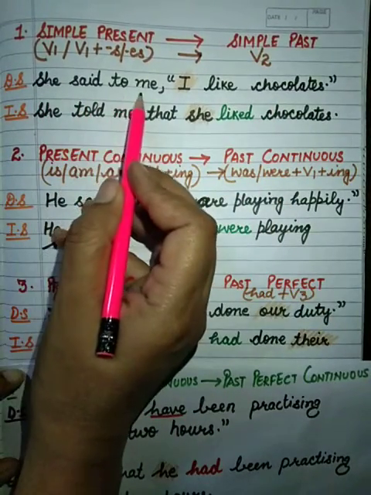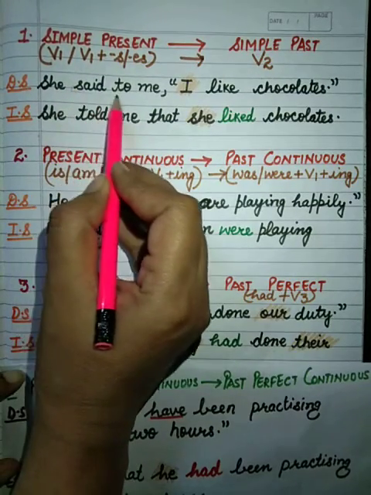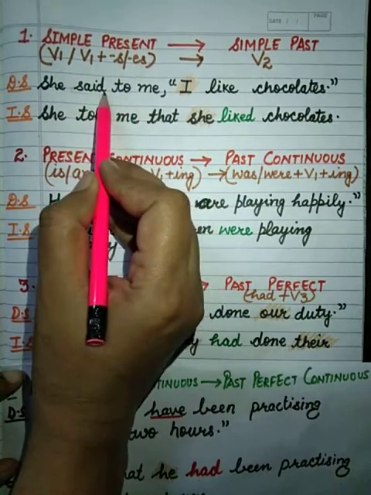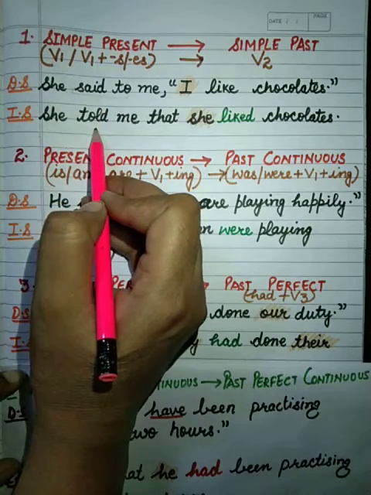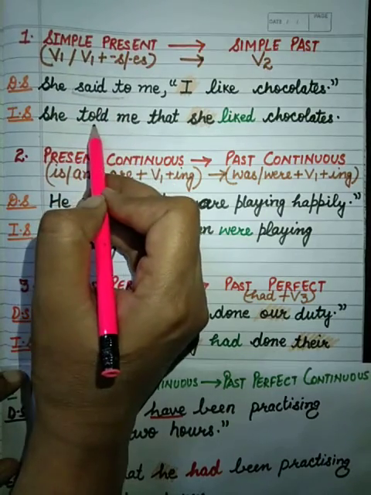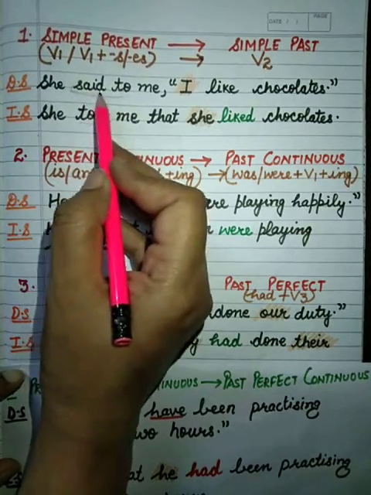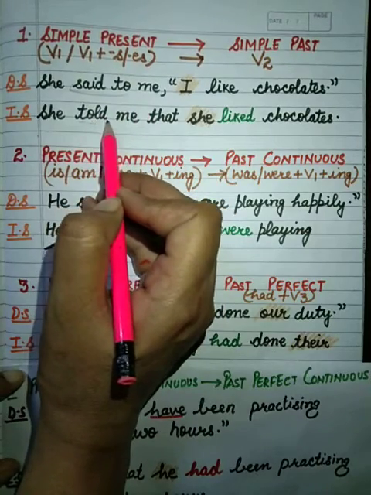She said to me. As I told you, if said to is there, said to is changed into told when you change it into indirect speech. Said to becomes told. She said to me. Me will remain same. Don't write told to.